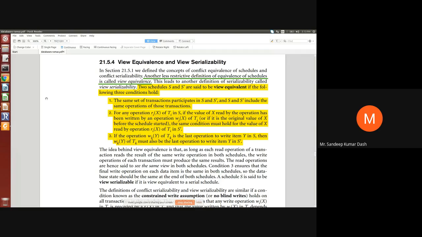So, in order to have a confirmation on which interleaved schedules are good, you need to know which are serializable. So, whichever is serializable, that is an acceptable schedule. For that, you are using two different types of serializability test.